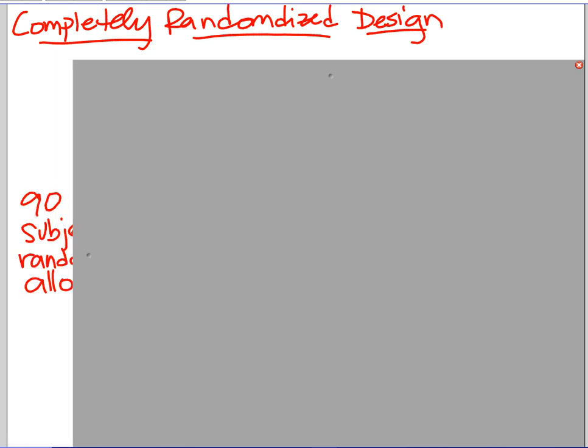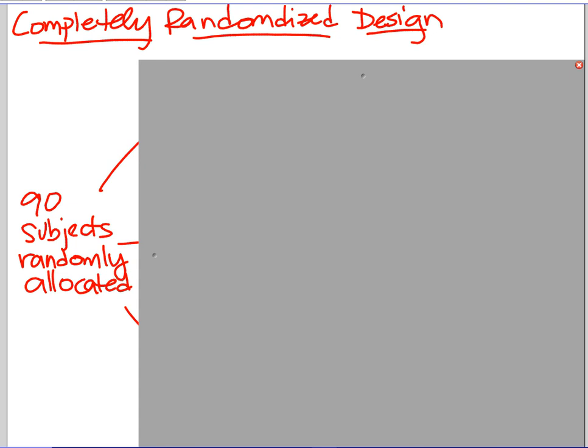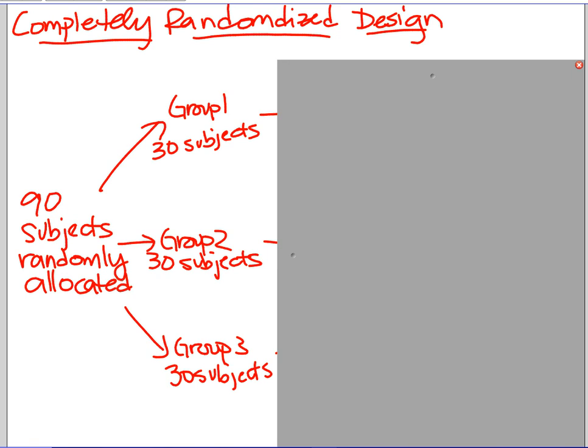And let's say I have 90 subjects. What I would do is I would take my 90 subjects and I would randomly allocate my 90 subjects into 3 different groups, right? So this is what my diagram would look like.